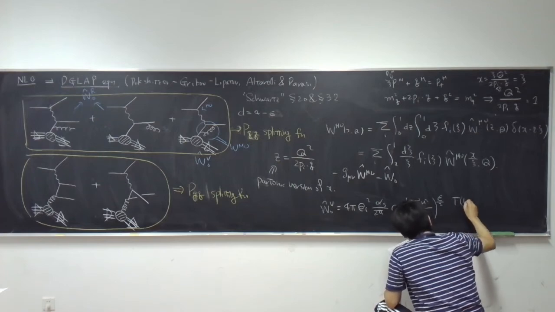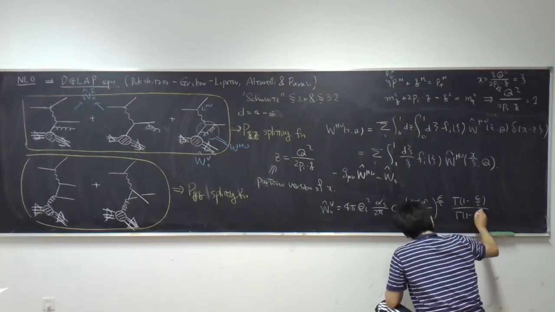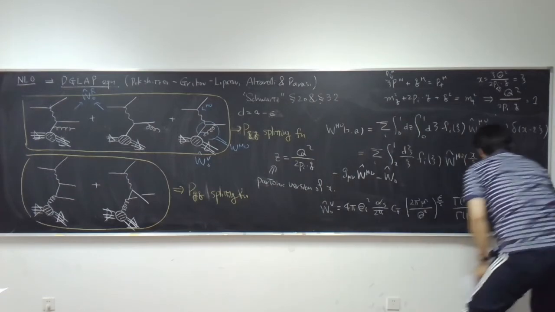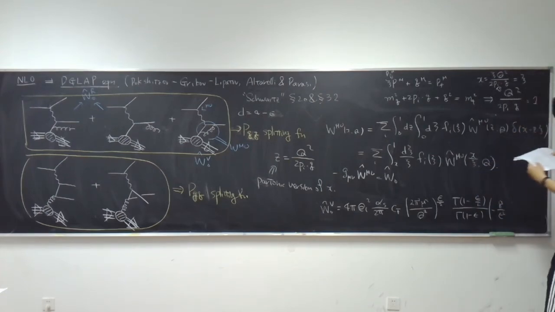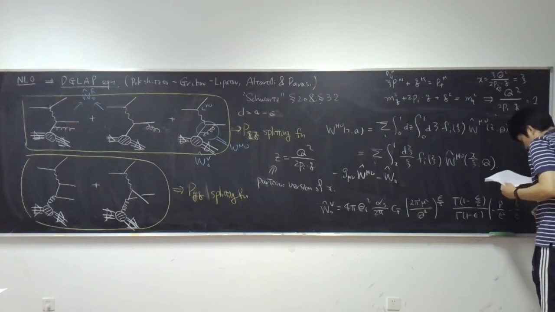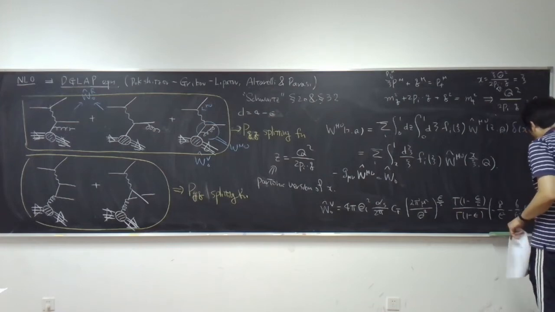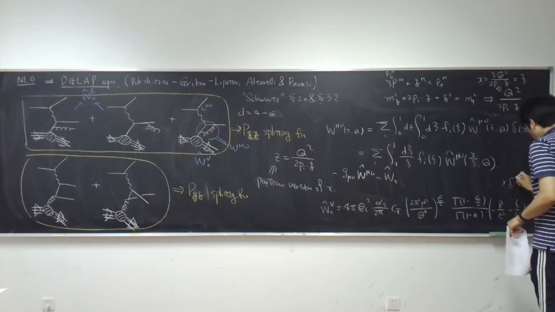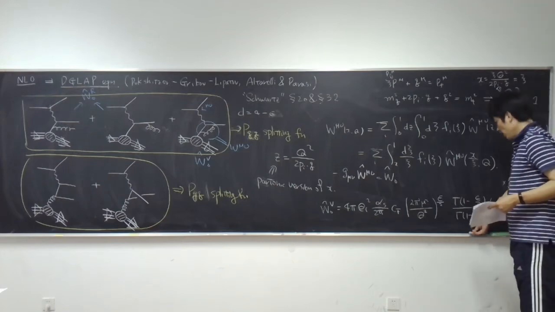Gamma 1 minus epsilon over 2 divided by gamma 1 minus epsilon, and then minus 8 e squared minus 6 over epsilon minus 8 minus pi squared over 3, times delta 1 minus c. So that's W0B one can evaluate.